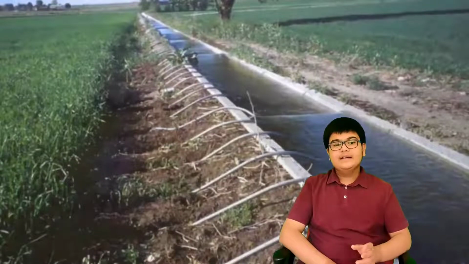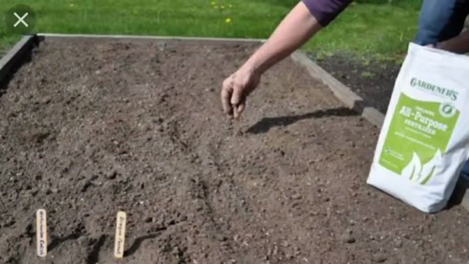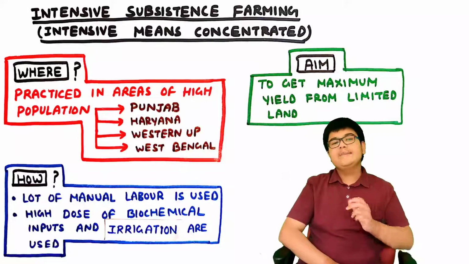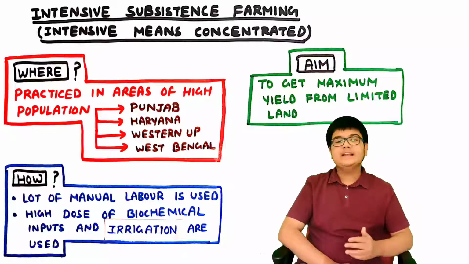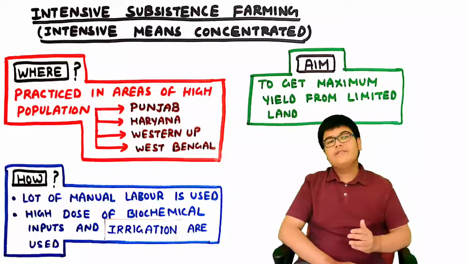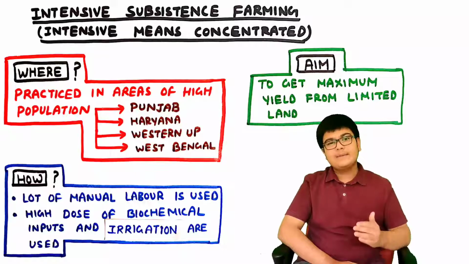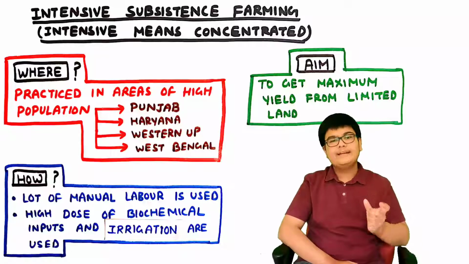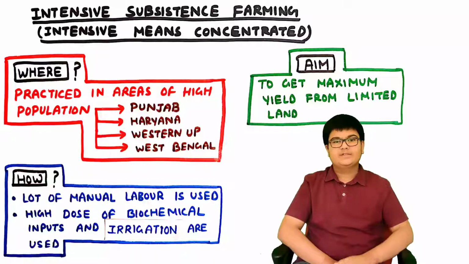So in this method, a lot of chemical fertilizers and irrigation facilities are used. And its aim is to get maximum yield from limited land. As the land available is very limited, the farmers aim to get maximum output out of that limited available land with the help of all these modern methods.